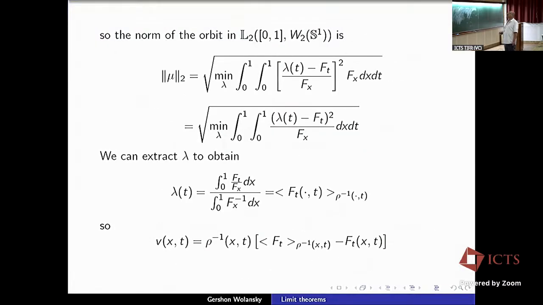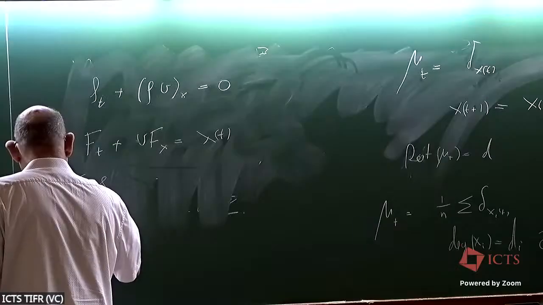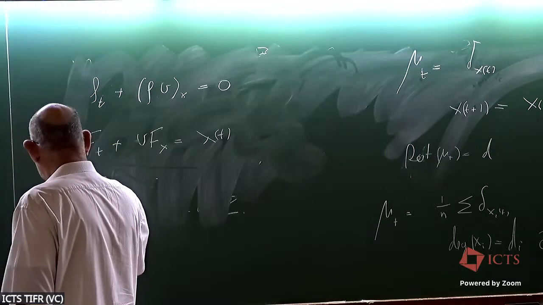So we want to find the metric derivative. Remember, the metric derivative with respect to the Wasserstein 2 distance is the minimum. Now I denote it by this.